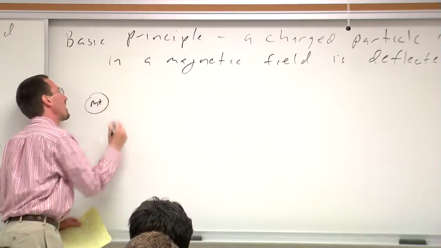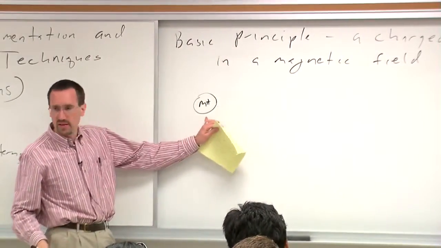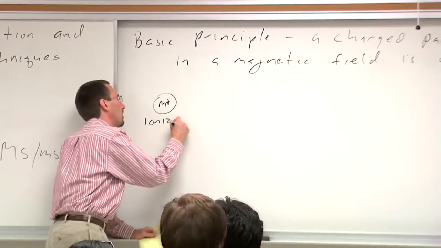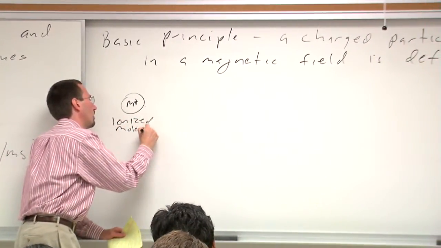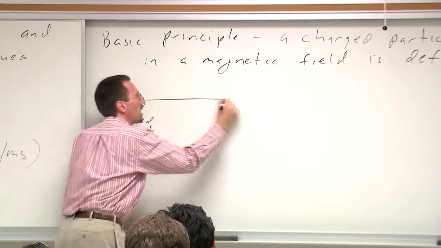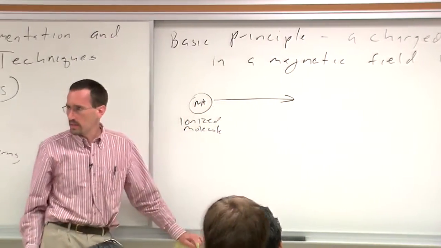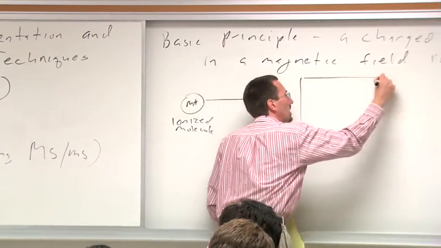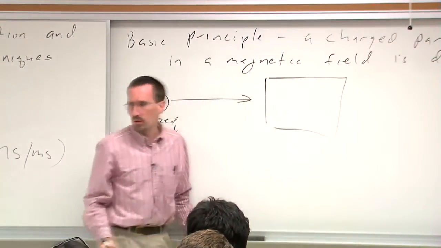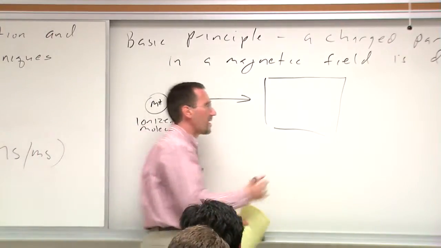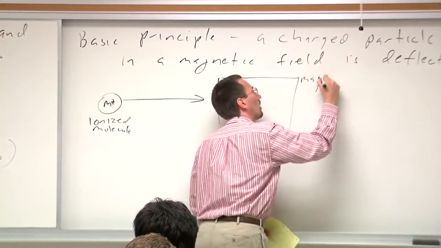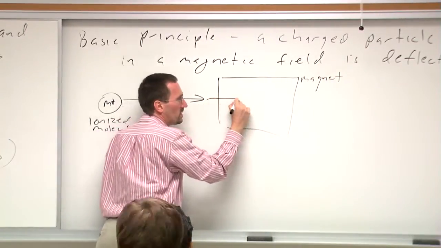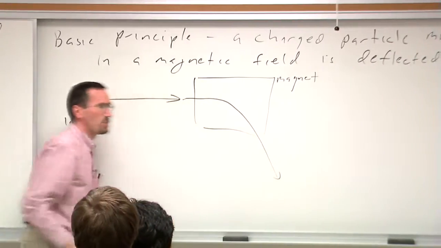So if you want to think about the basic technique, you can think of an ionized molecule. And that ionized molecule is moving along until you come to some sort of magnetic field. In the simplest and historical realm, it is literally an electromagnet. And as the particle moves into the magnetic field, its path gets bent.